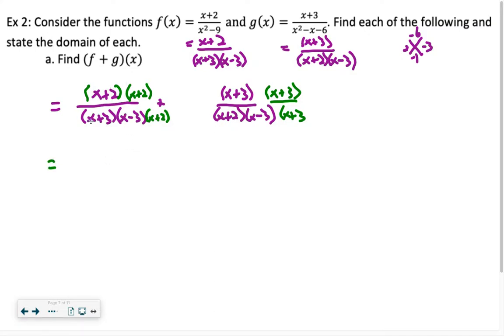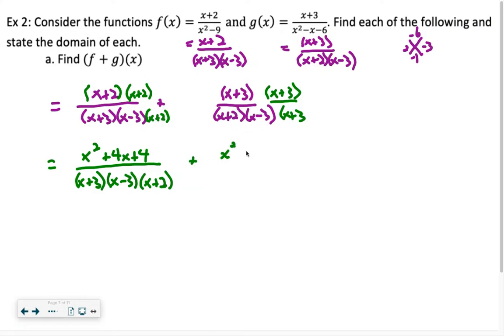Now I can multiply these out. I would have x squared plus 4x plus 4 all over, and now usually we say it's acceptable when we're adding and subtracting to leave the denominators in factored form, because I know I'm not going to be combining anything in the denominators. But we do multiply out the numerators because I'm going to be able to combine like terms here.